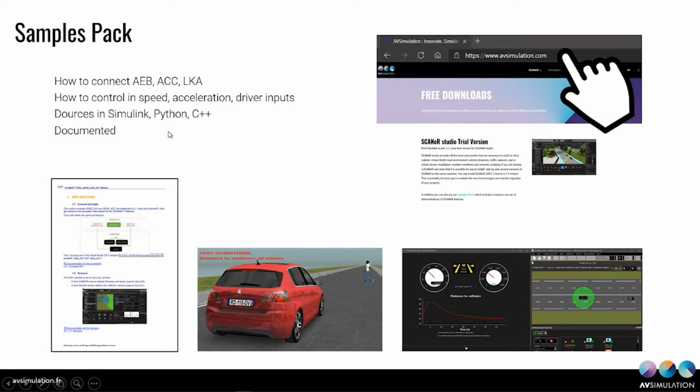So we have some for ADAS, for instance, how to connect AEB, ACC, LKA. We have very basic samples which are documented to explain how they were made, how they were connected into Scanner. You have the sources also, like in Simulink, you have some in Python, in C++, so you can just start from them and modify them to connect your own ADAS if you want.